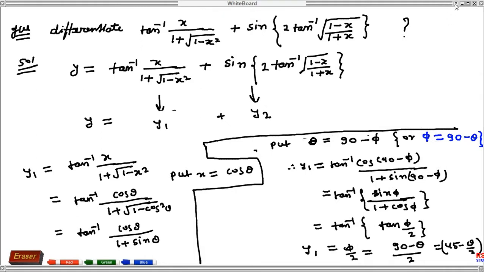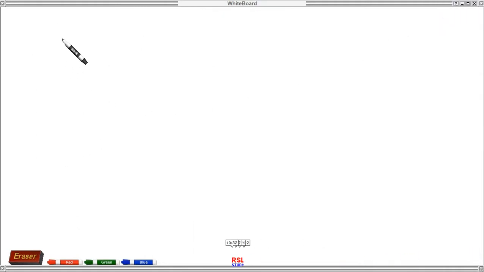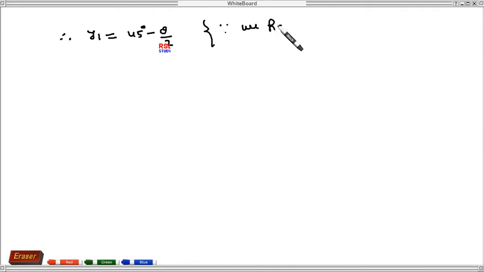Now see, y1 equal to 45 minus theta by 2, and we have taken theta as an assumption, it is not a term given in the question. The question is only in the function of x, so definitely we have to convert this theta into a function of x.